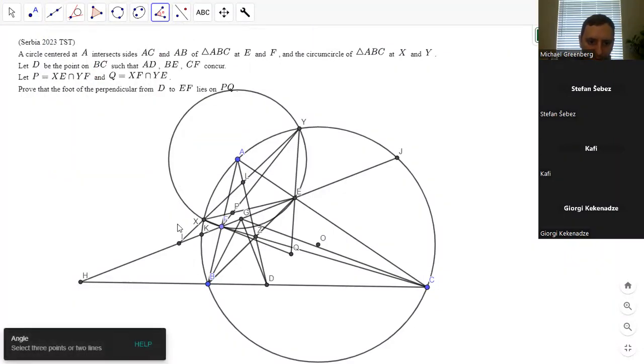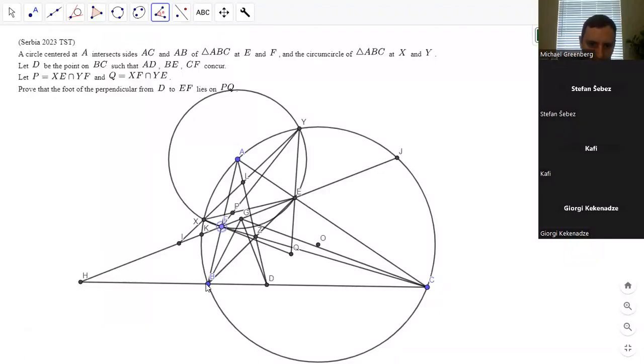Let me check some angles. So try FBI and JCE. Oh, no, they're not the same. But let me just make sure. So I'm going to also look at this angle. Yeah.